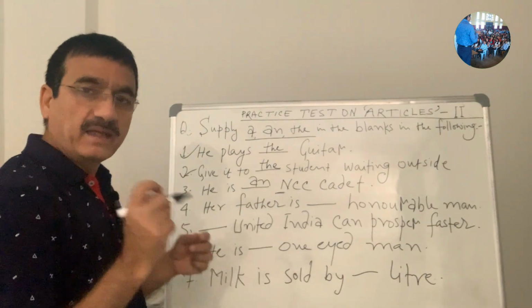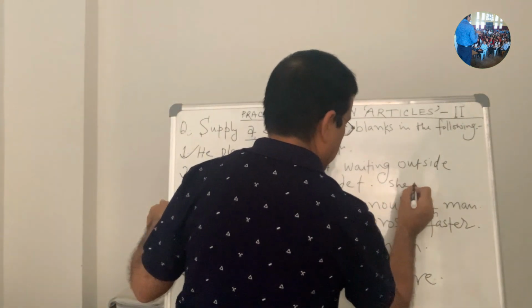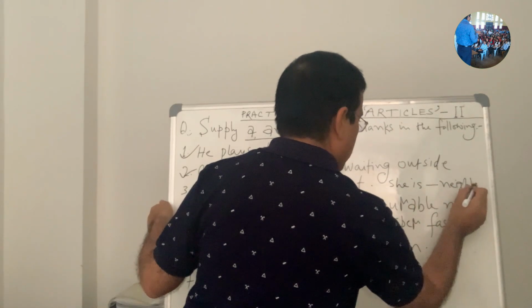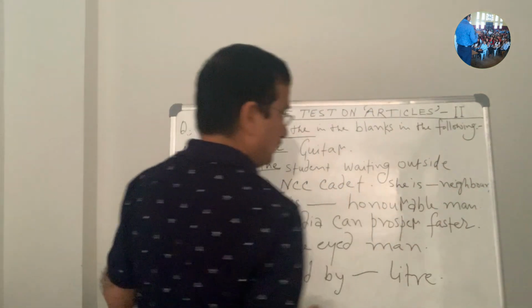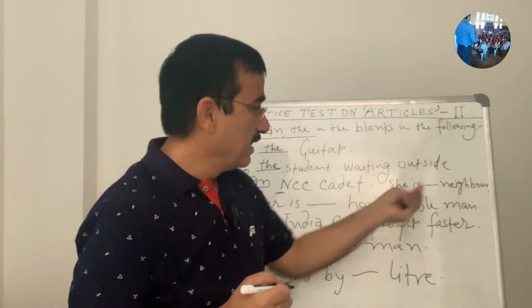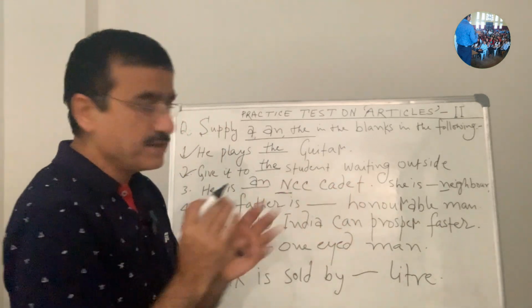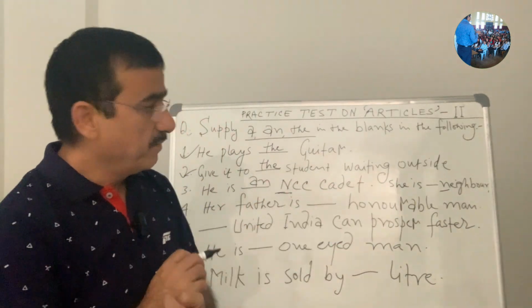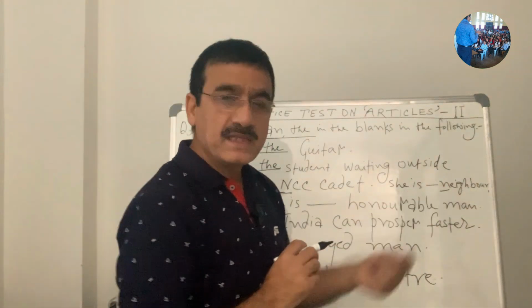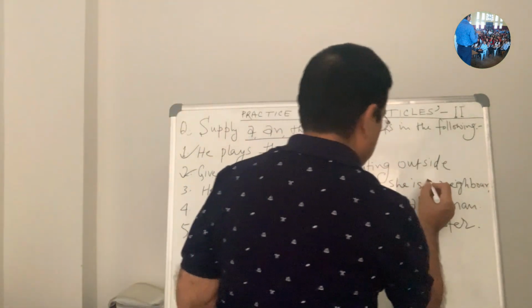But if it is, say, she is blank neighbor, here also N, here also N. Just compare, contrast. This N produces a consonantal sound at the initial position. So here it will be a.